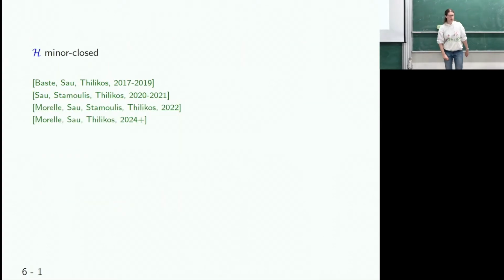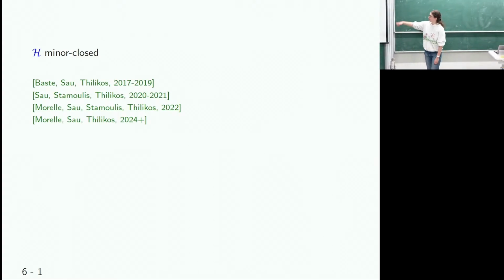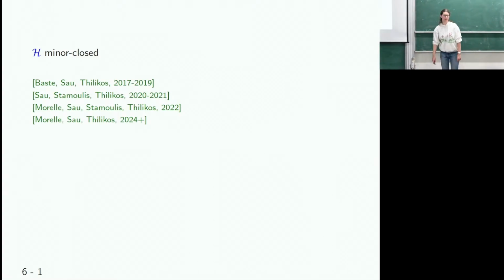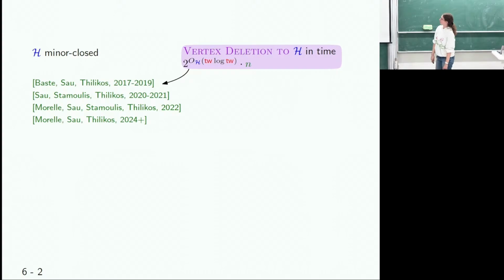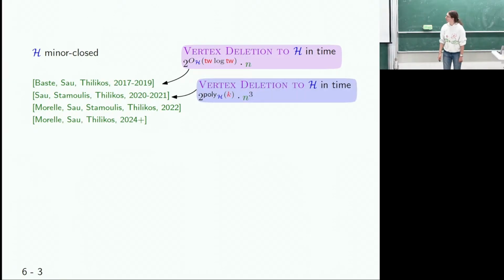So trying to improve this parametric dependence is the result of a long series of papers and of PhD students, because you can see that there are 2 authors in common in each of them. First, after 4 papers, it was proven for vertex deletion to H that we have this running time parameterized by the treewidth. Then, after 2 papers, we had vertex deletion to H with this running time parameterized by k.